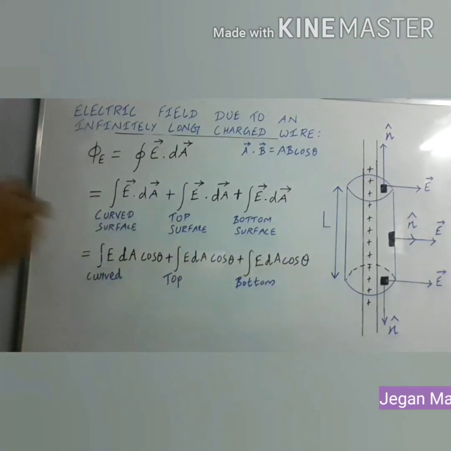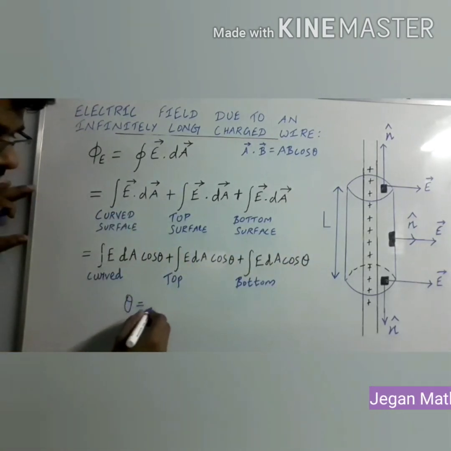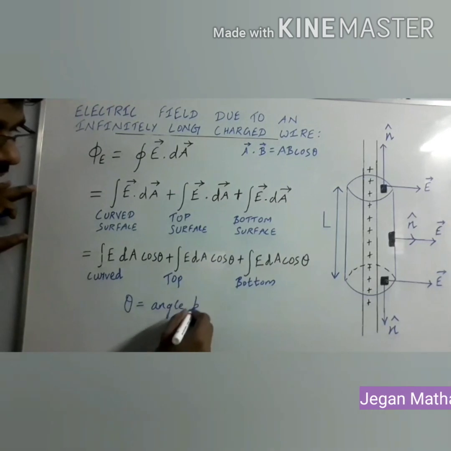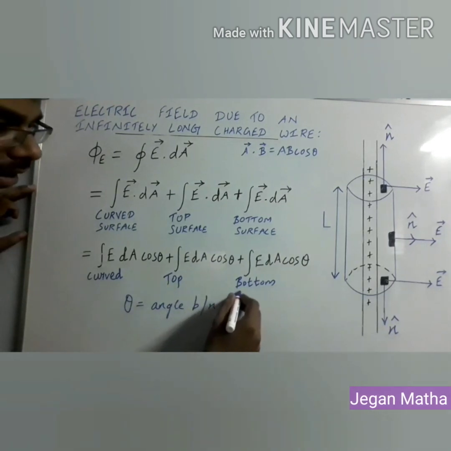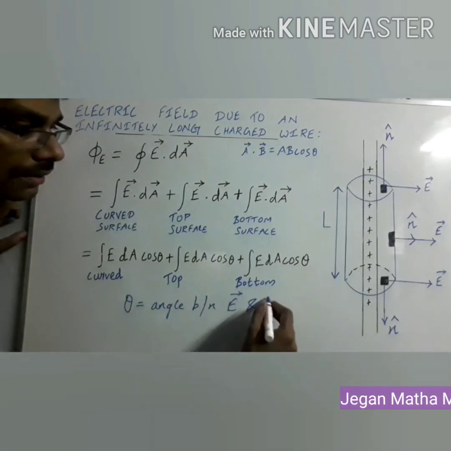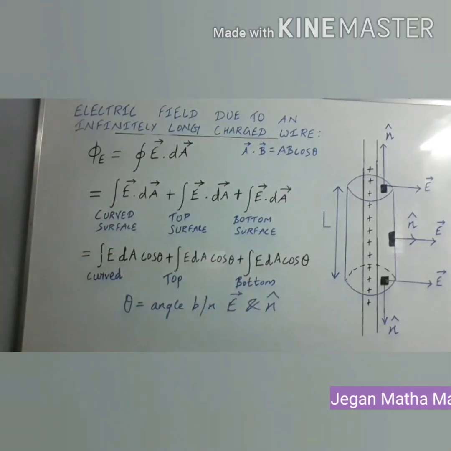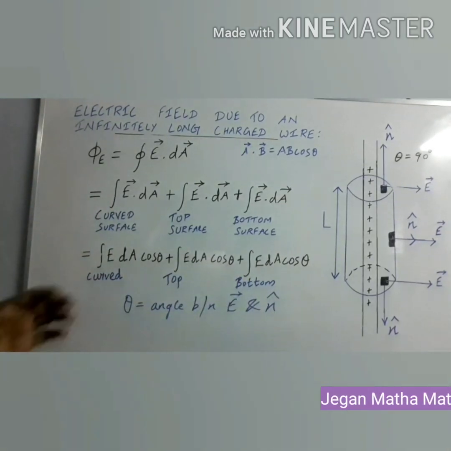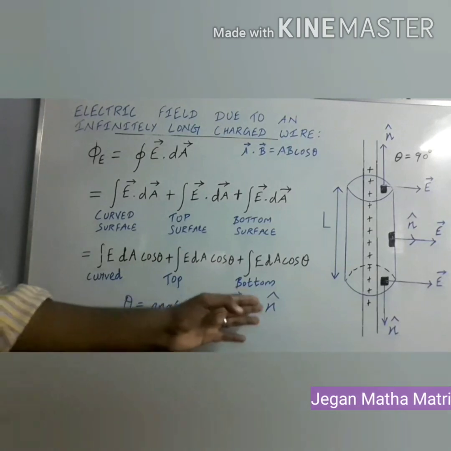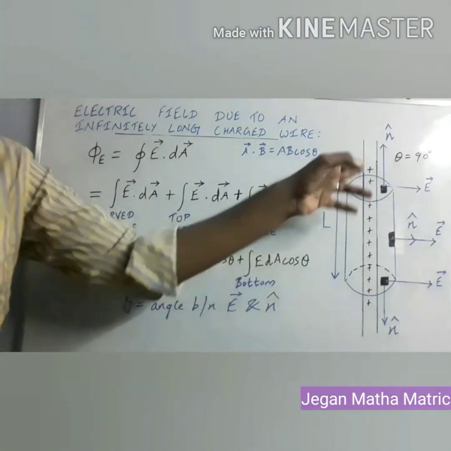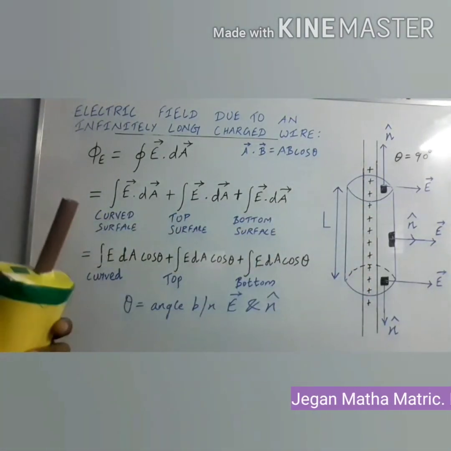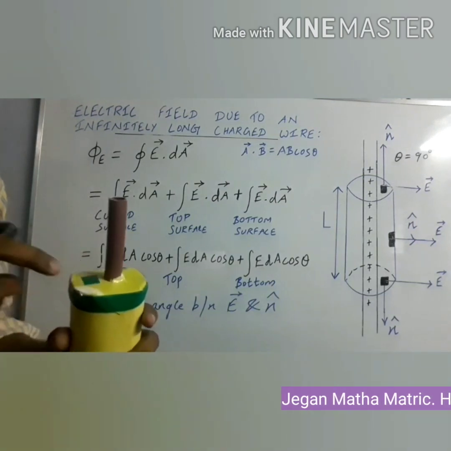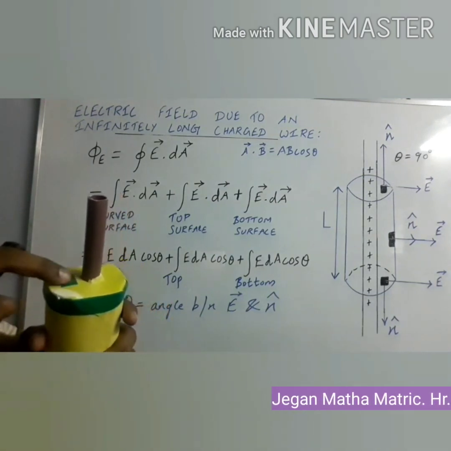Here what is theta? Note it down. Theta is an angle between the electric field and the normal. Note it down, electric field and normal. Now we are going to find the angle between the electric field lines and the normal in all the three surfaces. First I am going to take the top surface. In the top surface I have taken the small area dA.